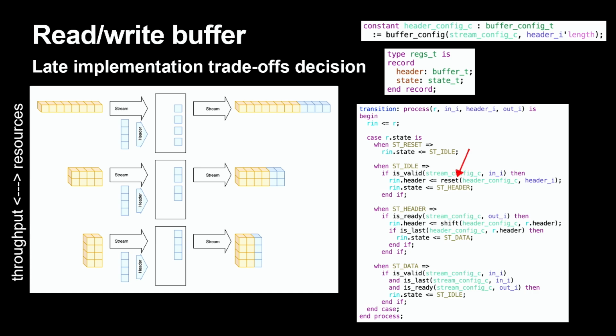When we see a packet that presents itself when we are idle, we can snapshot the header and then put the header and stay in this header state as long as necessary to output the whole header. And the isLast here will tell whether it's the last cycle we should be there before getting back to other processing.